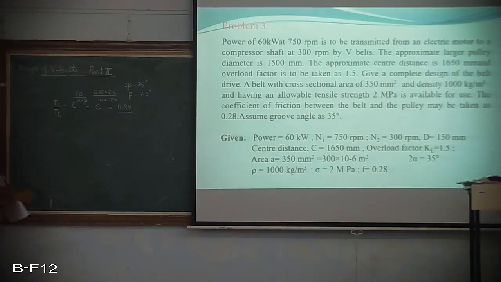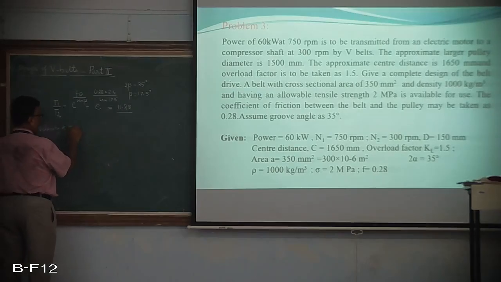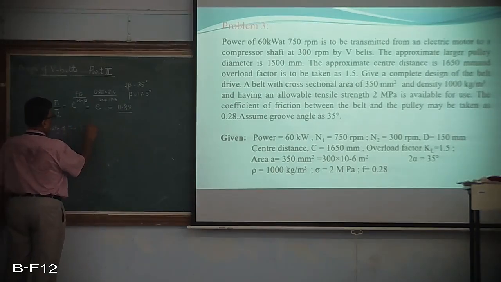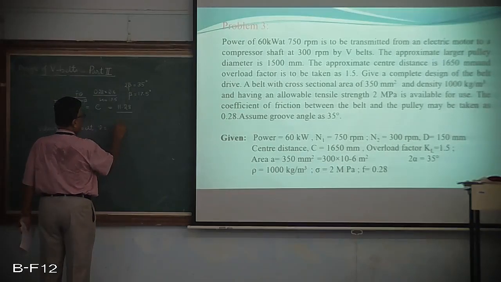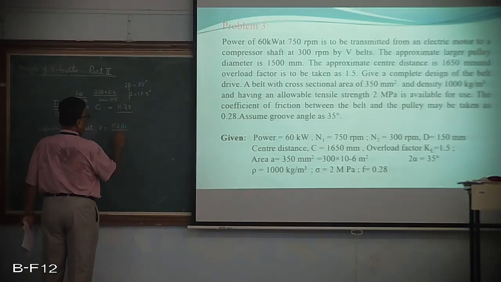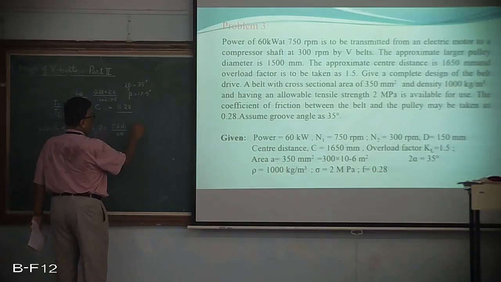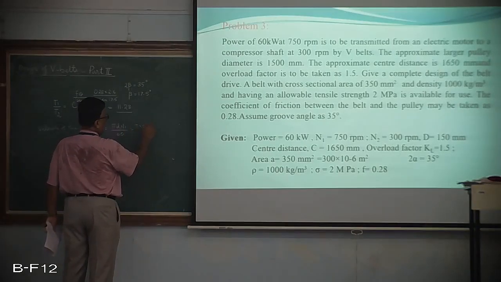Then we want to find out the velocity of the belt, which is given by V equal to pi d1 N upon 60. You have found out the smaller diameter as 6.